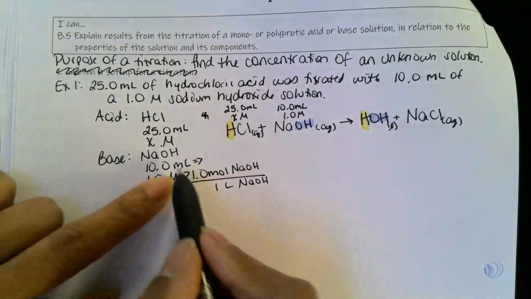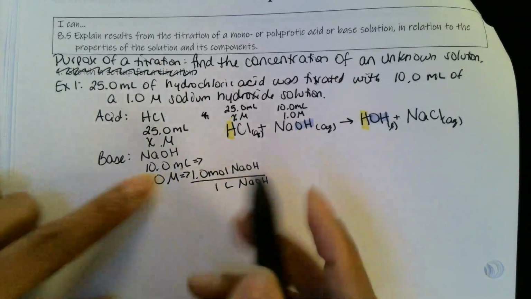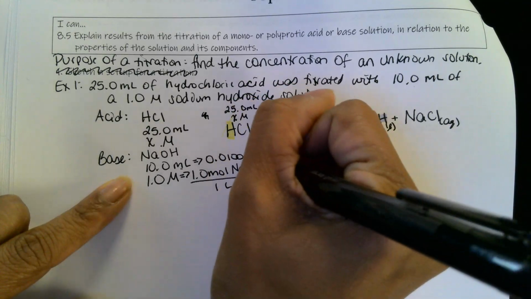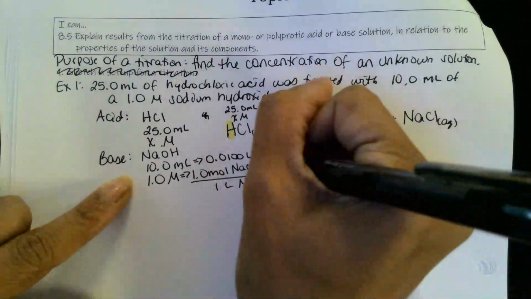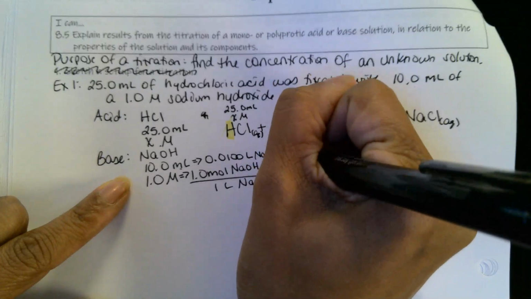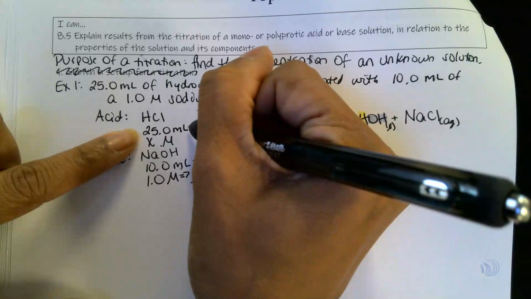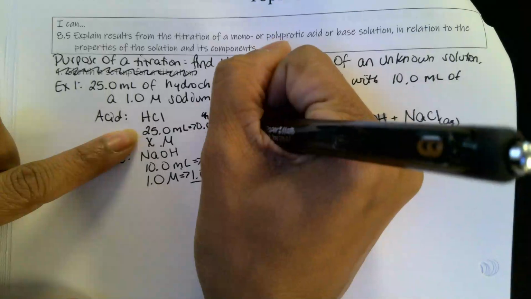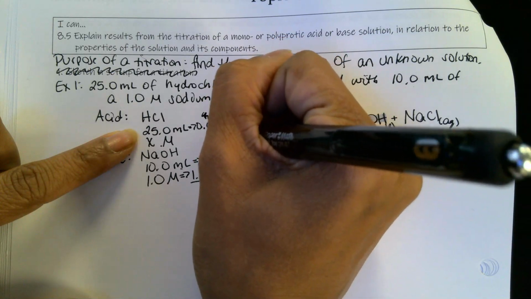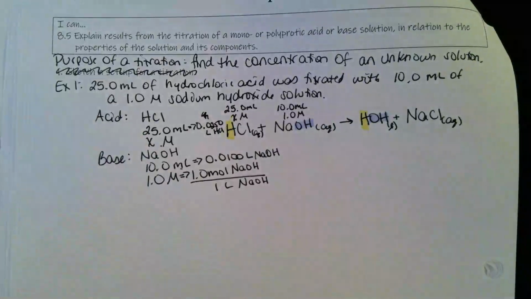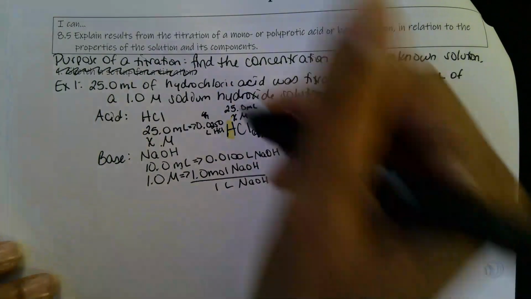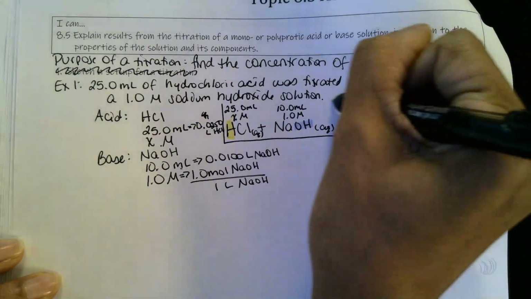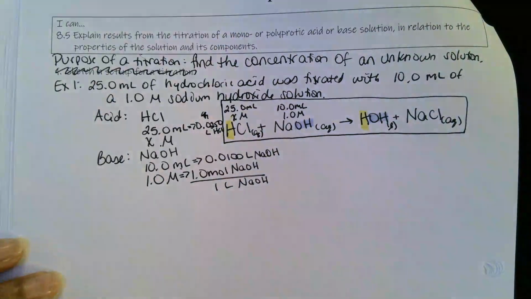So I have to get this over to liters. So divide by 1,000. When I divide by 1,000, 0.0100 liters of NaOH. And this is 0.0250 liters of HCl. I am squishing that all in there. Sorry about that. Let me go ahead and separate out my equation, just so that it has its own little space there.